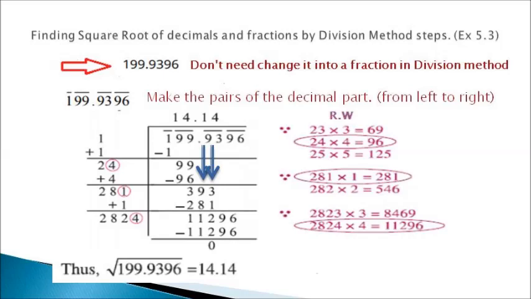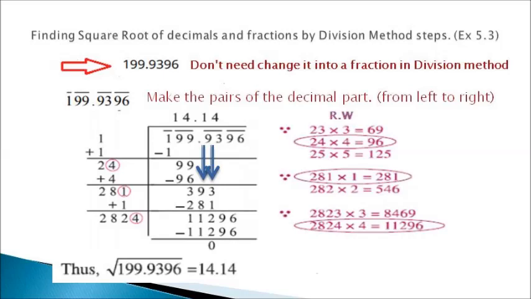Now, the next pair that we have moved down is 93 and the dividend becomes 393. On the divisor side, we have added the last digit, that is 4, and now we have 28. The next number we have to decide is such that it gives us a number close to 393.